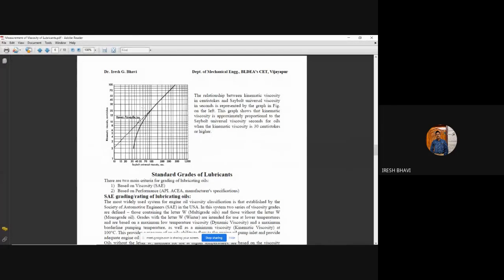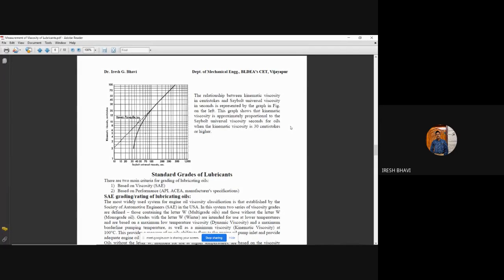Hence, kinematic viscosity is directly proportional to Saybolt universal viscosity from 30 centistokes onwards. Okay, this is about Saybolt universal viscosity, and different viscometers we have discussed till now. These viscometers are used to measure the viscosity of any lubricating oil.